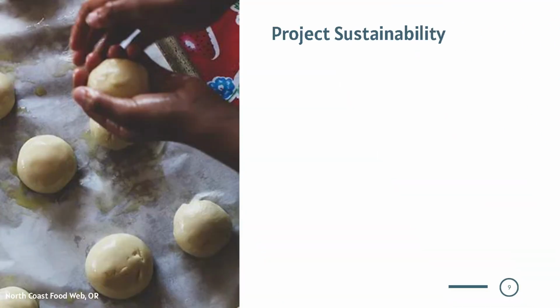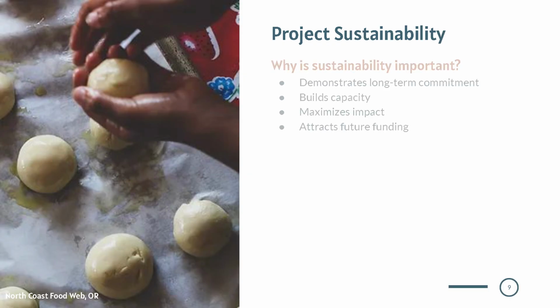Lastly, let's talk about project sustainability. Sustainability is a key consideration when writing a proposal because it ensures that the project's impact extends beyond the initial funding period. Incorporating sustainability into your proposal demonstrates a long-term commitment to the project's goals and objectives.